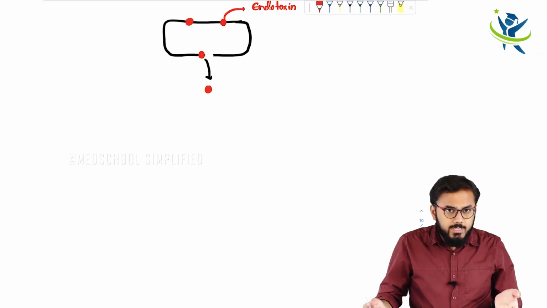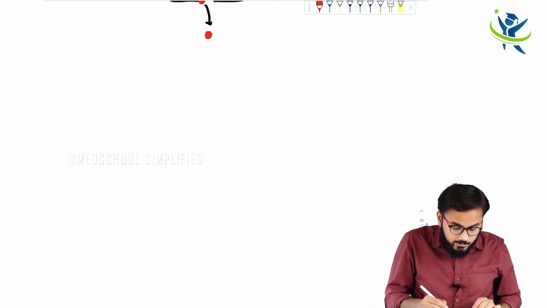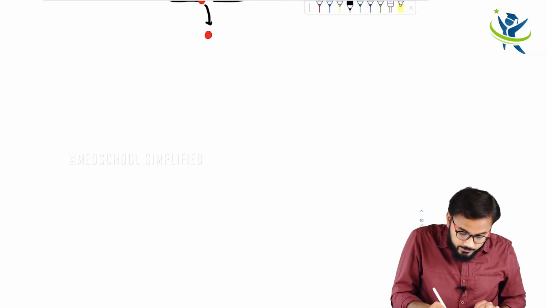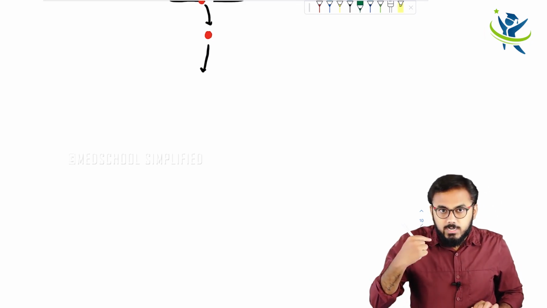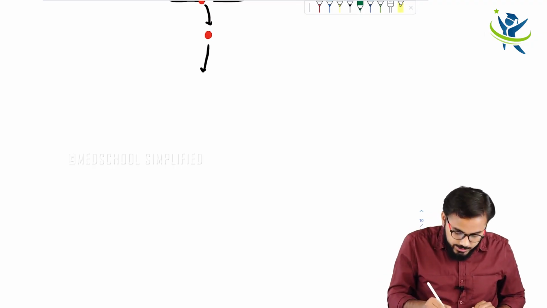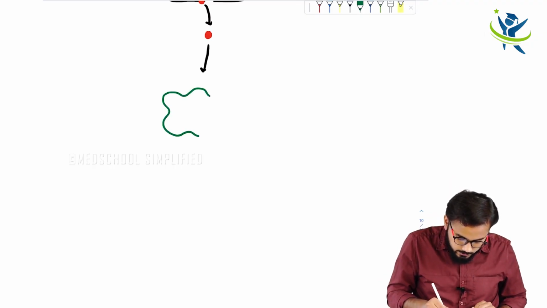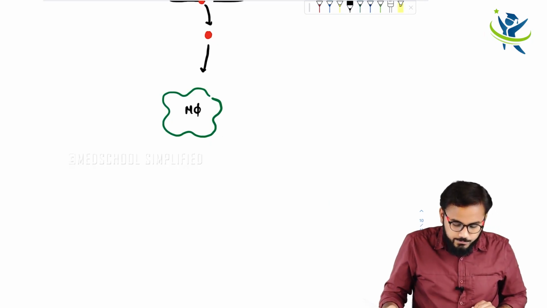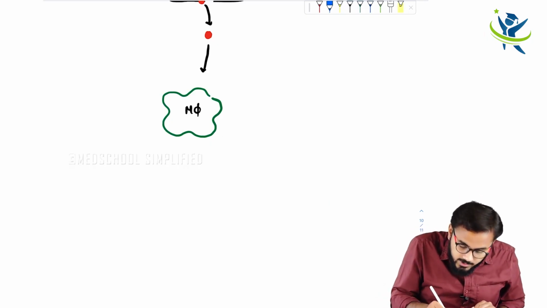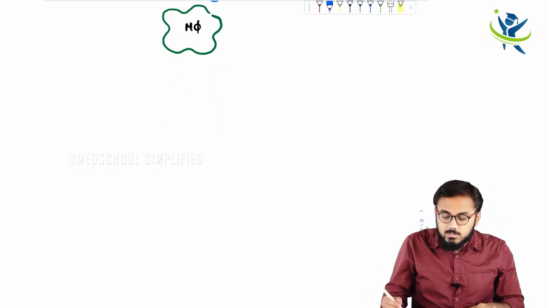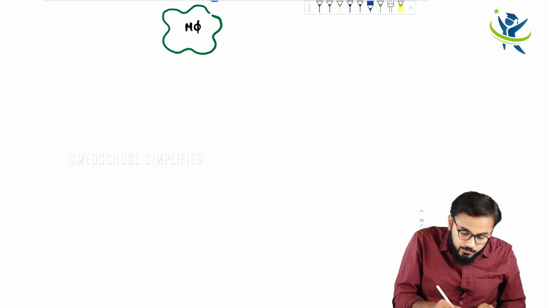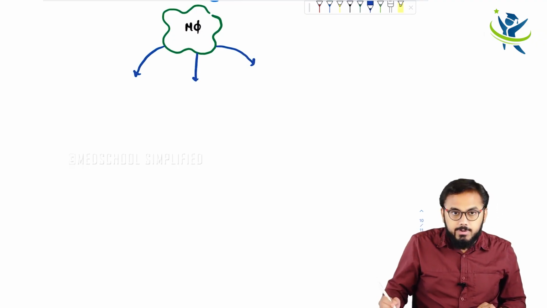And what does it do when the endotoxin is released outside? Look very carefully. This endotoxin activates one of the phagocytes in my body, called the macrophage. Let us say this is my macrophage. So this endotoxin will activate my macrophage. When my macrophage has been activated, it secretes three important things.